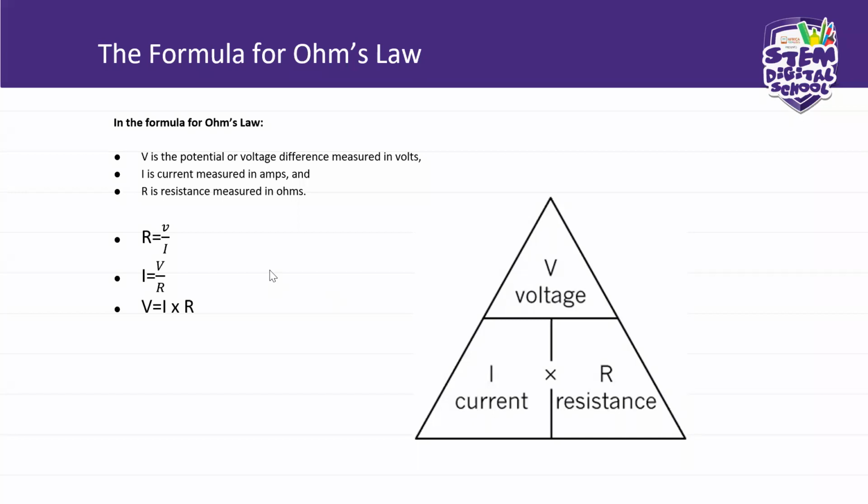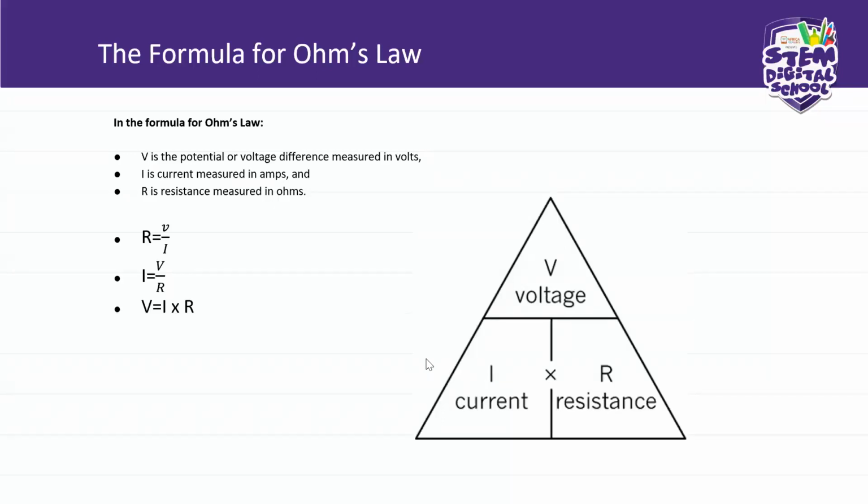Now, V here is the potential or voltage difference measured in volts. V stands for voltage. I is current measured in amps. So I here stands for current. Okay?